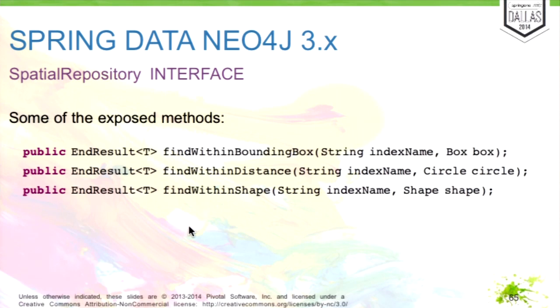The spatial repository, for instance, exposes methods like find within bounding box and find within distance. So you have spatial methods where you can provide shapes or circles and so on. That allows you to use these new primitives from Spring Data Commons to search within a spatial representation in a graph.